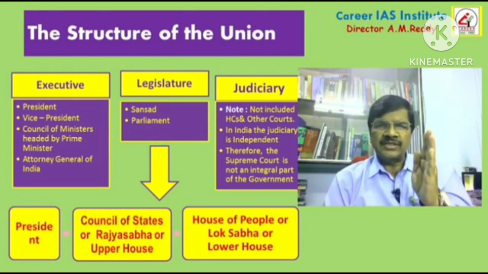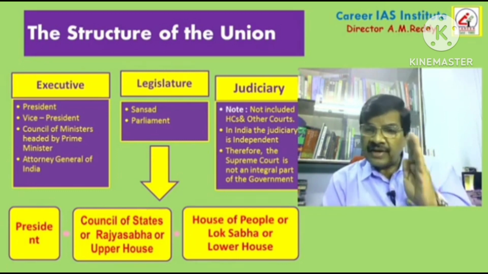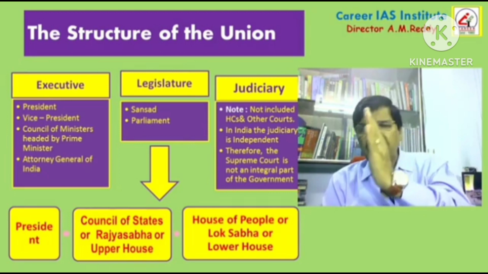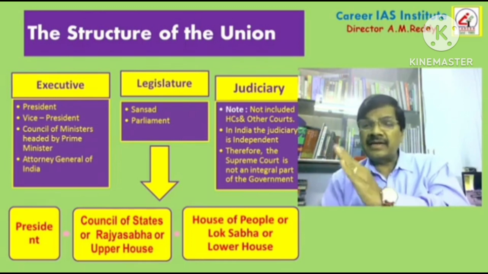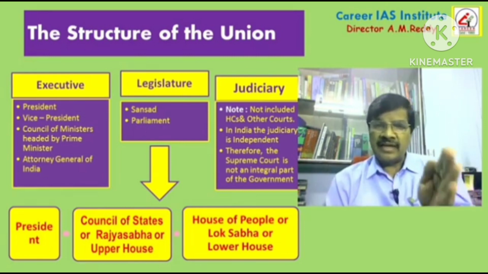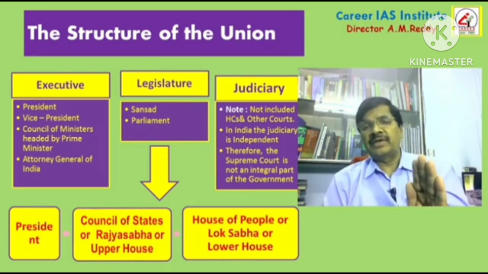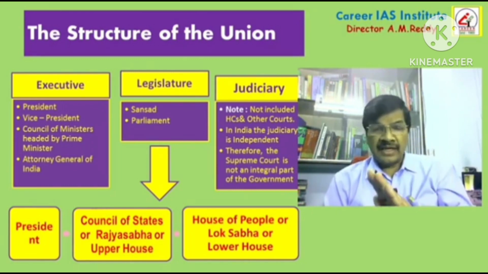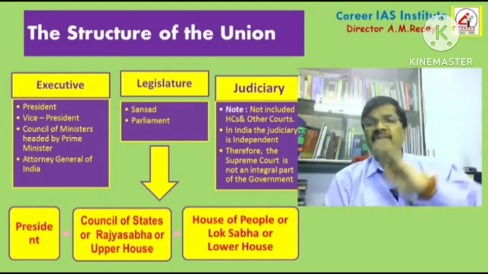Then the Union Executive comprises the President, Vice President, Council of Ministers headed by the Prime Minister, and Attorney General of India. Why is Controller and Auditor General separate? Because he is also an independent constitutional body like the Supreme Court. But Attorney General is a part of the Union Executive, the Union Government. He is not an independent constitutional body because he is a part of the government.